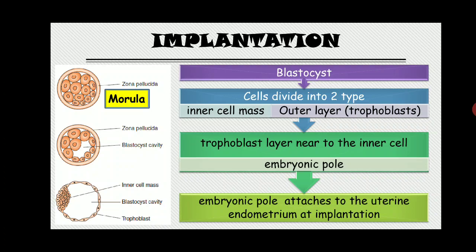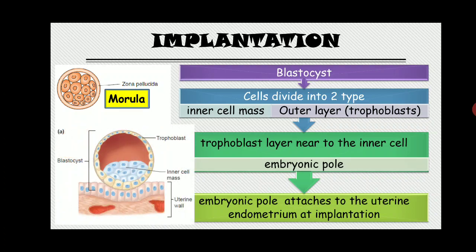Let me show you one more beautiful diagram so you can easily understand. This is the uterine wall, this one is the blastocyst, this outer layer is known as the trophoblast, this lighter blue portion is the inner cell mass, and this portion that eventually comes in contact with the uterine wall is known as the embryonic pole.